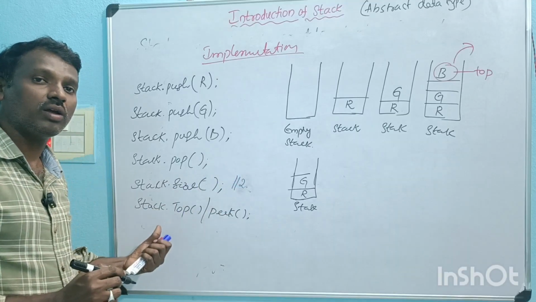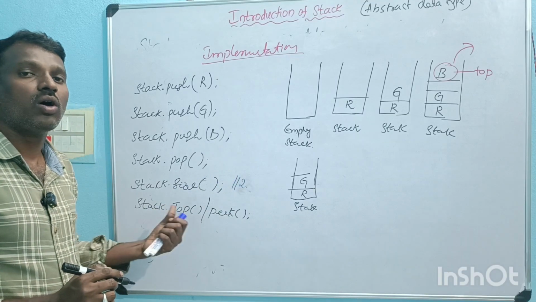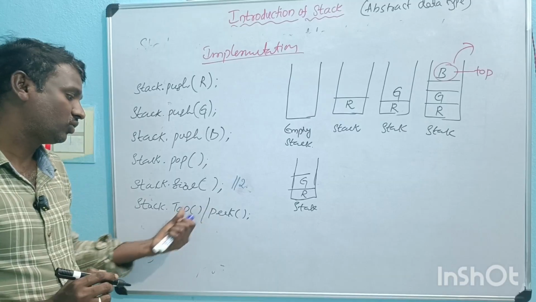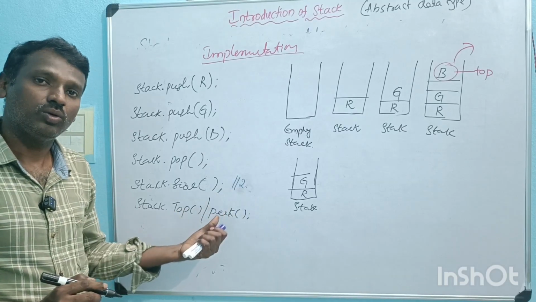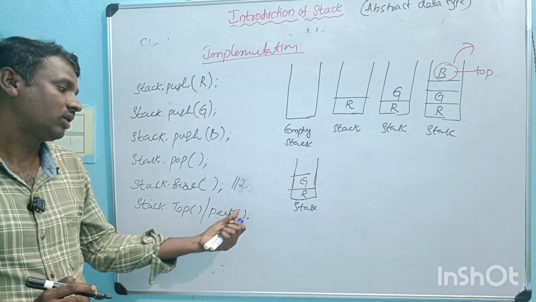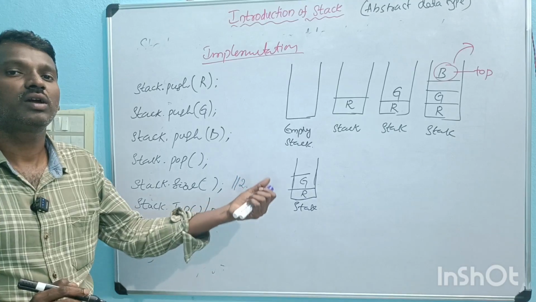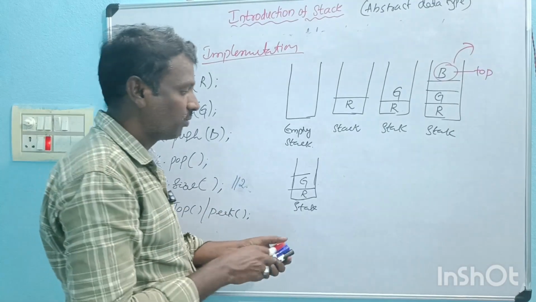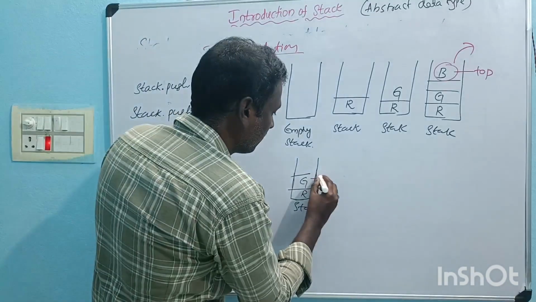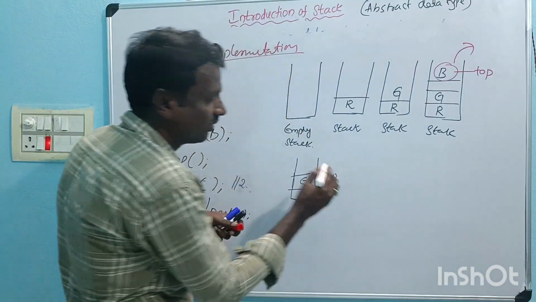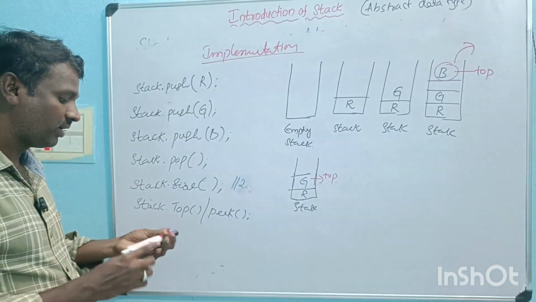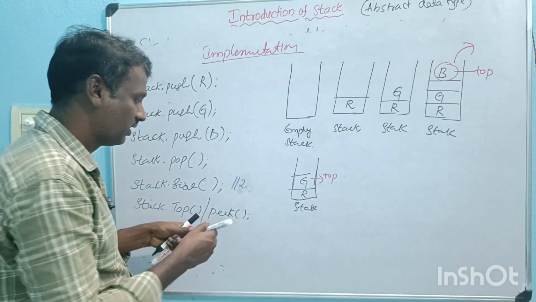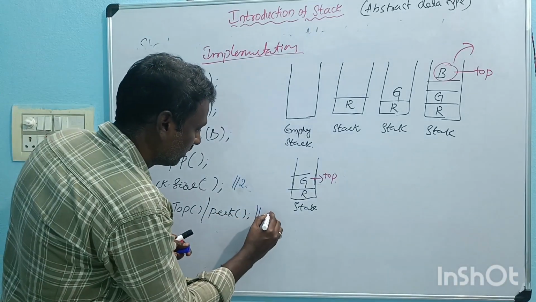We write top or peek; both functions work. It will reflect which element is available at the top of our stack. This is our top element, and that element will be reflected here. What is that top element here? G.